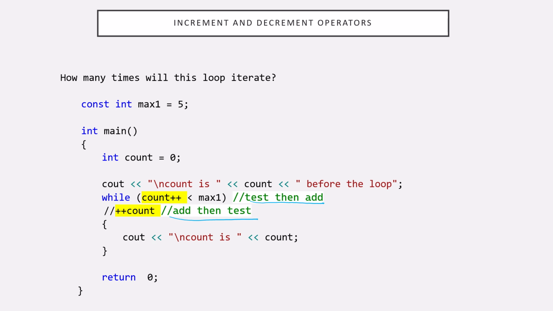If count is 0, in this case it's going to compare 0 to 5 and then add 1 to it. Here, it's going to add 1 to it first before it tests. So in this case down here, the loop is going to go 1 less time. And in this case right here, the loop is going to go 1 extra time.